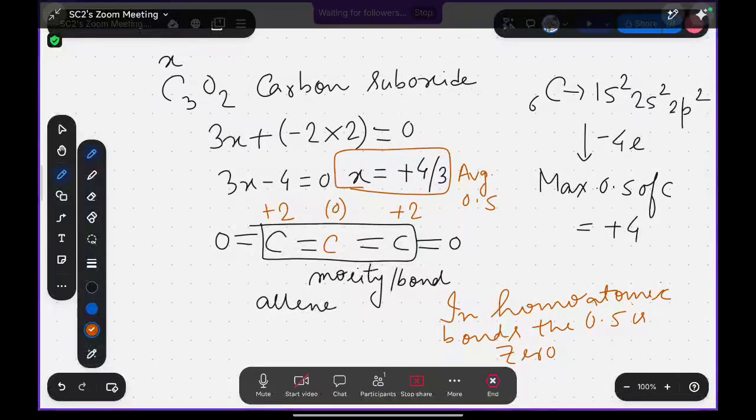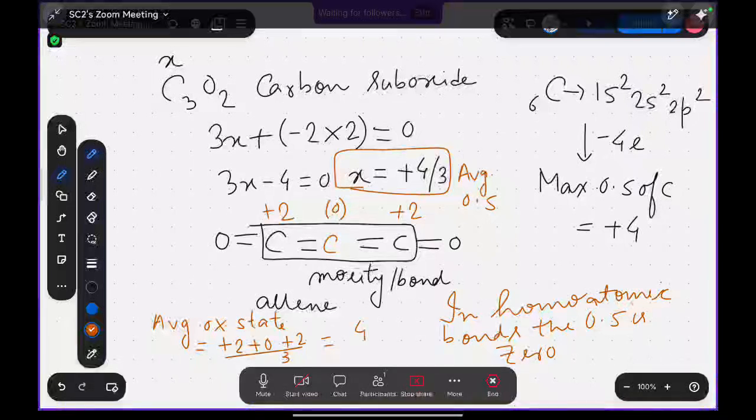The brown carbon atom is surrounded by homoatomic bond, which means that the brown carbon atom will have a 0 oxidation state, whereas the other 2 carbon atoms will have a +2, which means the average oxidation state comes out to be +2 +0 +2 divided by 3, because we are having 3 carbon atoms.